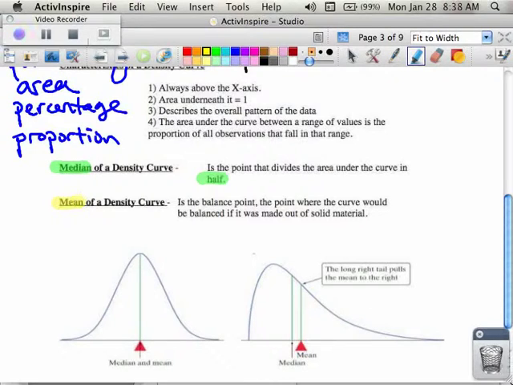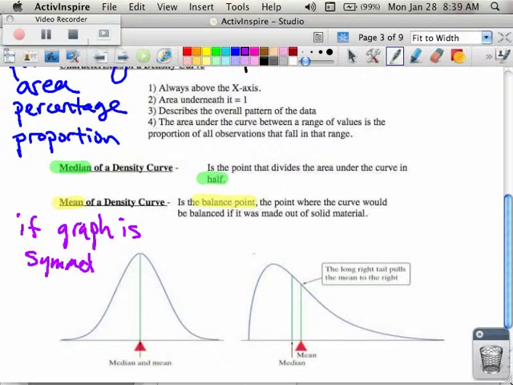So the mean, and it's a balancing point. The mean and the median are exactly in the same spot if the graph is symmetric. So this happens where they're in the same spot when your graph is symmetric.